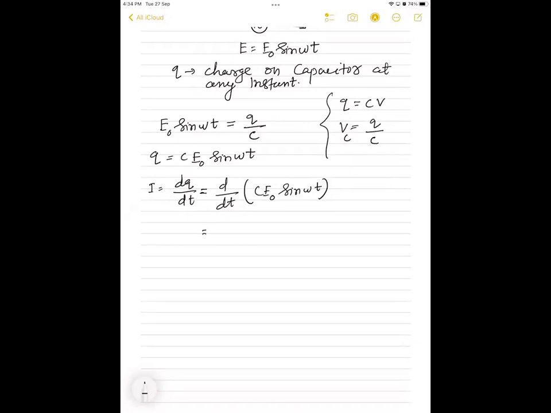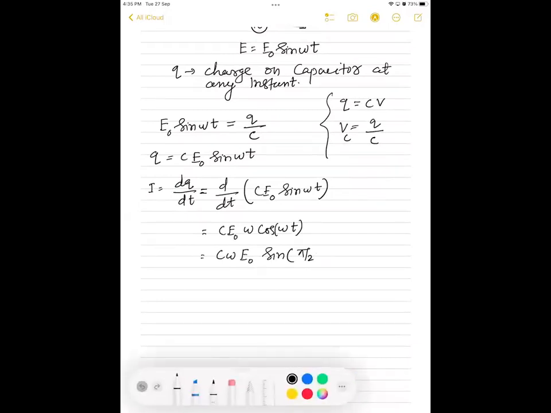So it will be C E naught, which comes out, and the derivative of sine omega t is omega into cos omega t. So you can write C omega E naught into cos omega t, and cos omega t is sine of 90 plus theta.